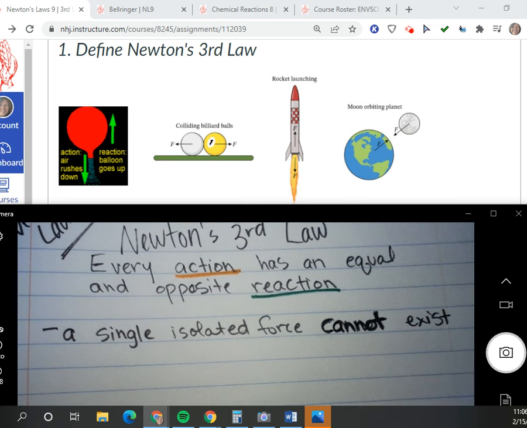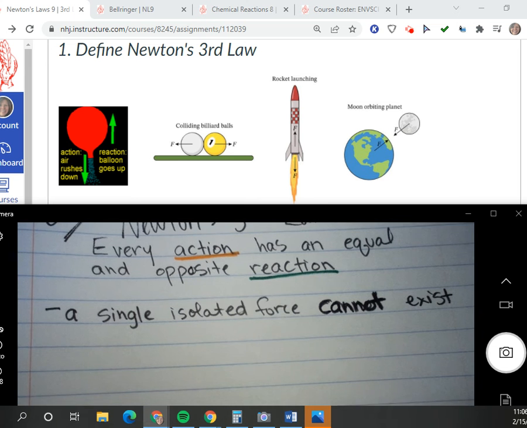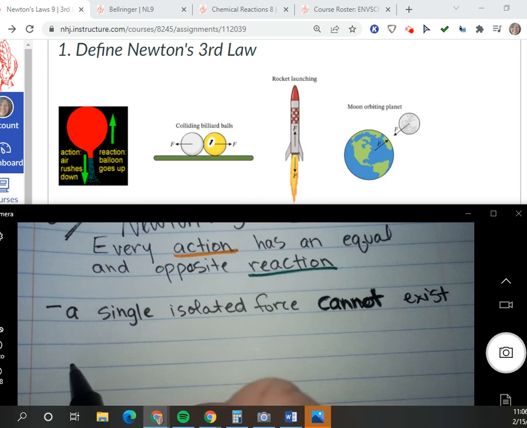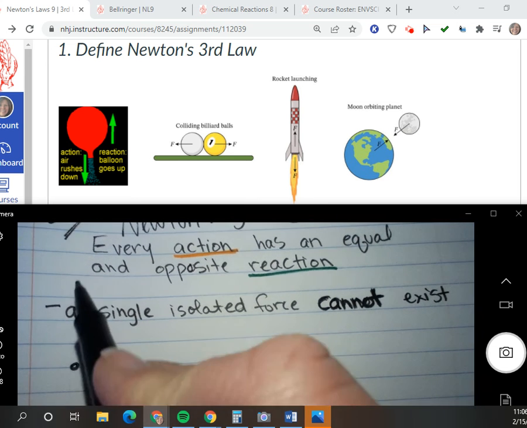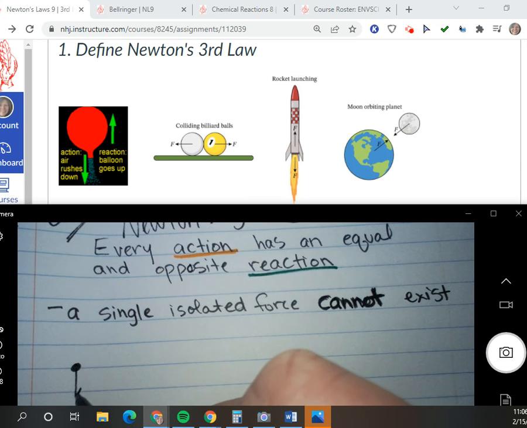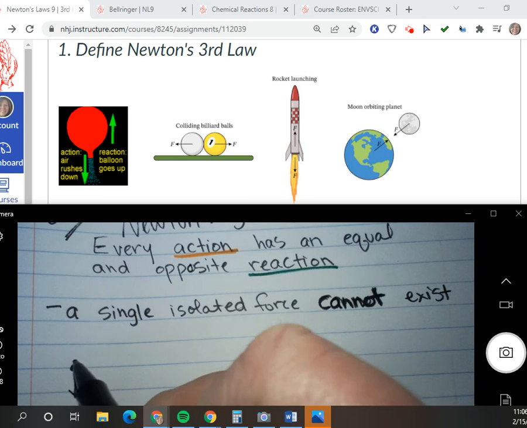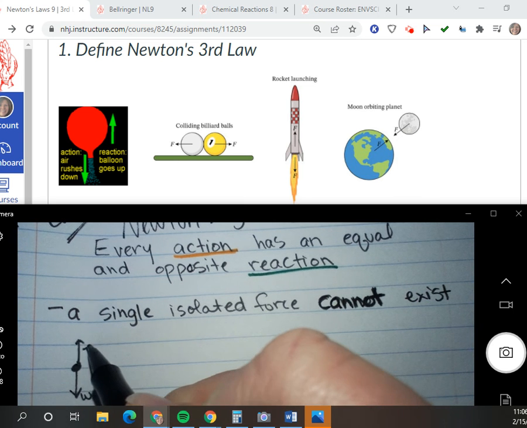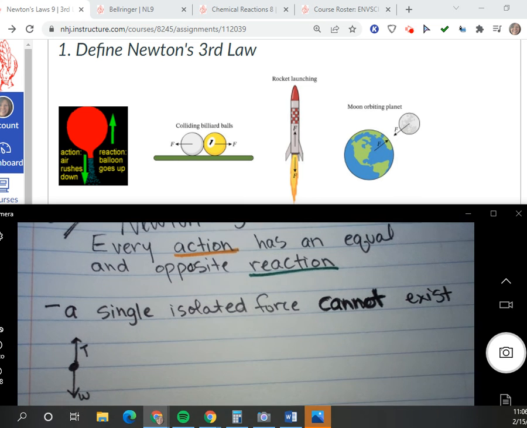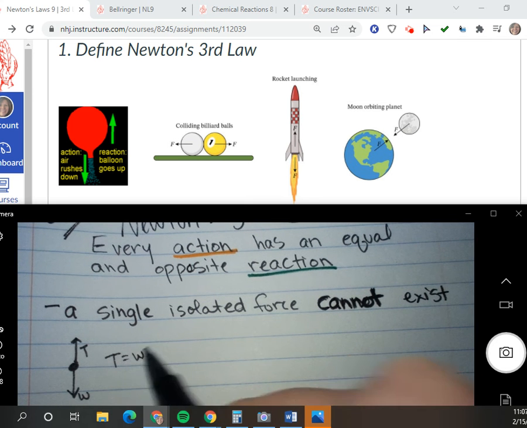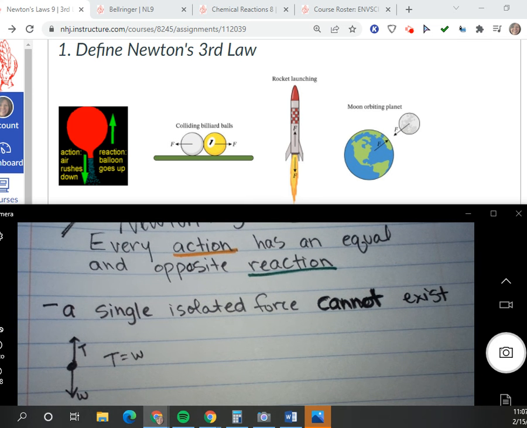And that's really important. We've already kind of seen that in some of the things that we've done when we talked about tension. If I have a light hanging from the ceiling, then that light has a weight, and that light has tension on the rope, on the cord, whatever it's being hung from the ceiling with. Tension equals weight. Okay.